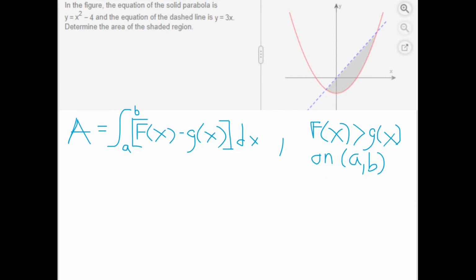Now we need to find A and B, and label these. The greater function is 3x, so that's f of x. The least one is x squared minus 4, so this is g of x.